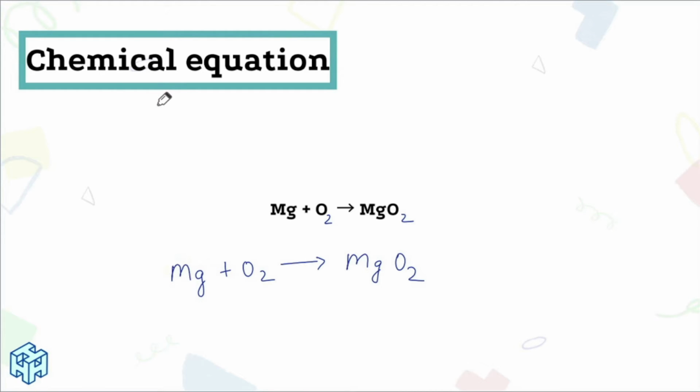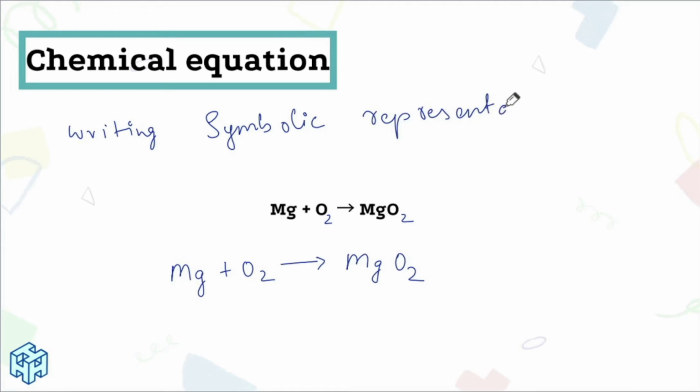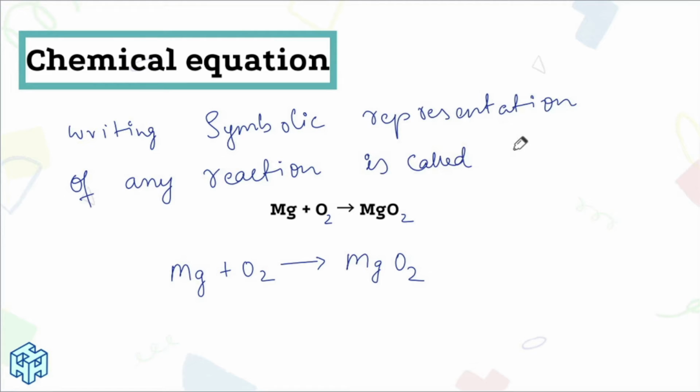Thus a chemical equation is nothing but simple. Let me depict it. The symbolic representation of any reaction is called an equation.